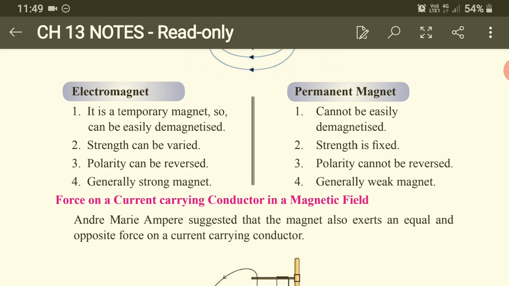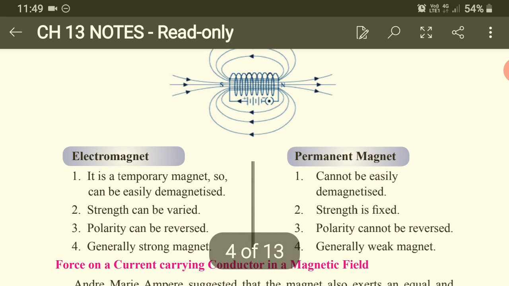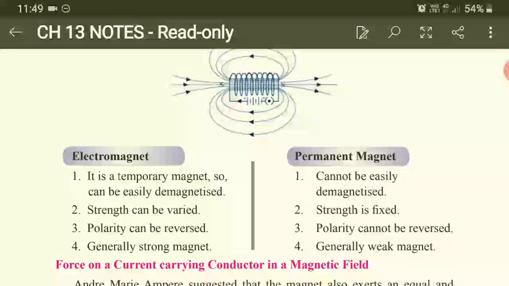One additional point I would like to tell you here is that we can make strong permanent magnets by use of electromagnetism. They can be made into permanent magnets. How? These permanent magnets can be made by using certain materials like steel, and some alloys like Nipermag, which is an alloy of nickel, aluminium and iron.